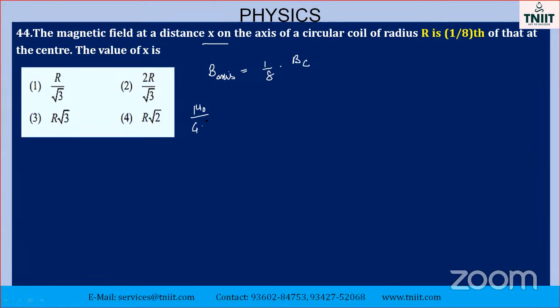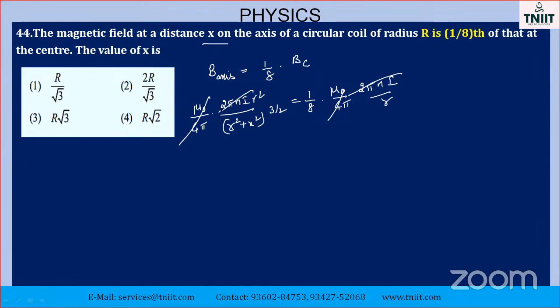What is the magnetic field on the axis? mu0 by 4 pi, 2 pi N i r squared by r squared plus x squared whole power 3 by 2, equals 1 by 8 times the magnetic field at the center, mu0 by 4 pi, 2 pi N i divided by r. mu0 by 4 pi and 2 pi N i will get cancelled out.